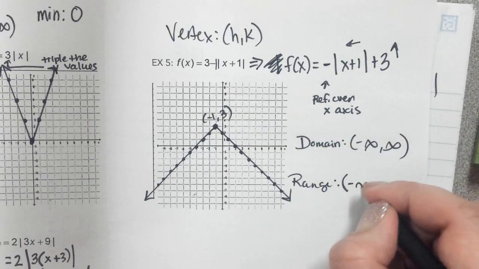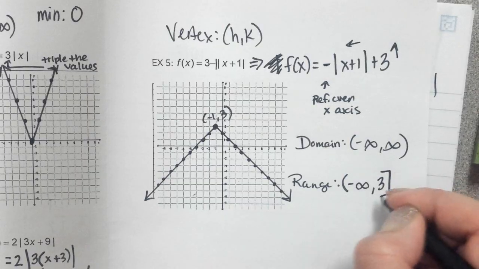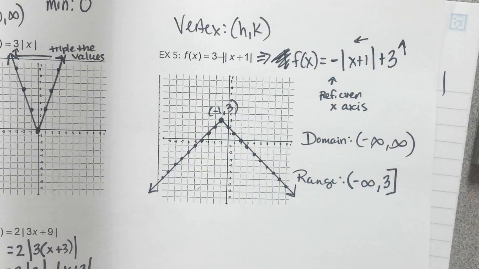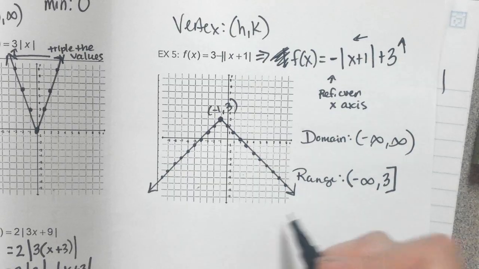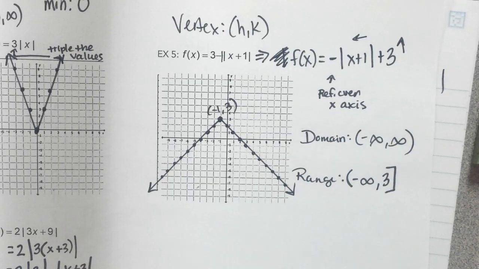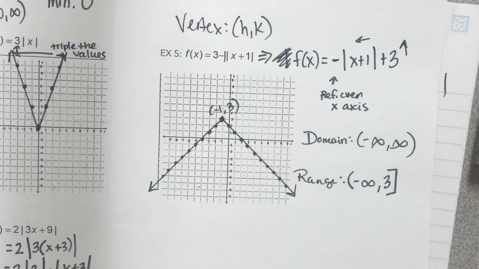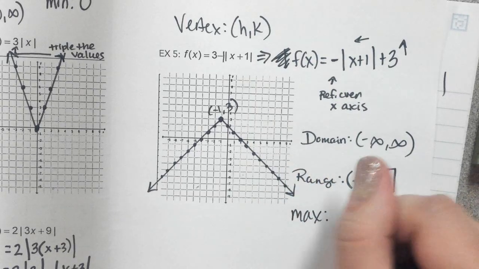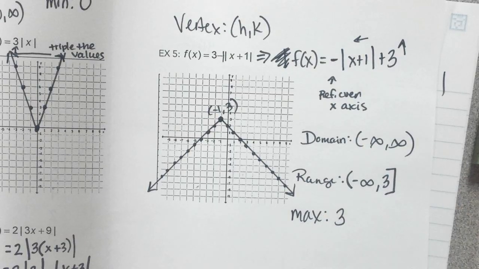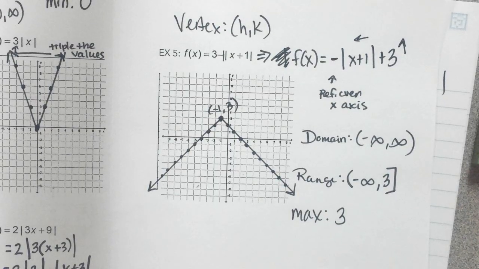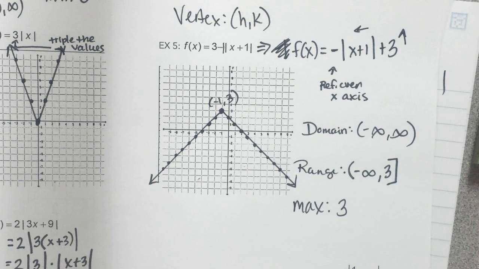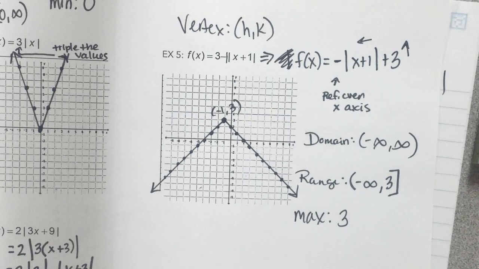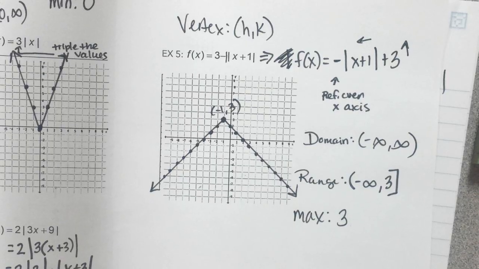So parentheses, negative infinity, 3, bracket. Because the bottom is going to negative infinity and the top is 3. Does this one have a min or a max? This one has a max, and its maximum is 3. All right, how do we feel about that?